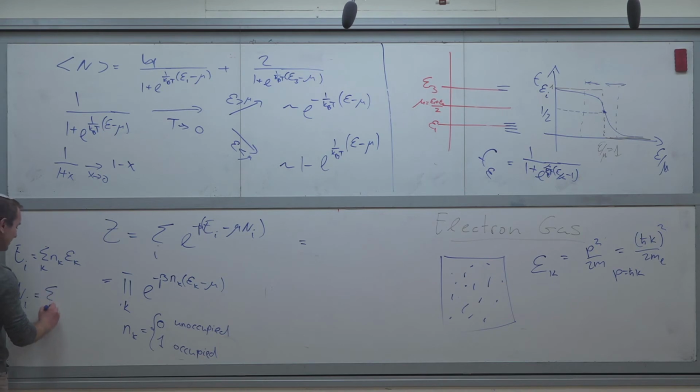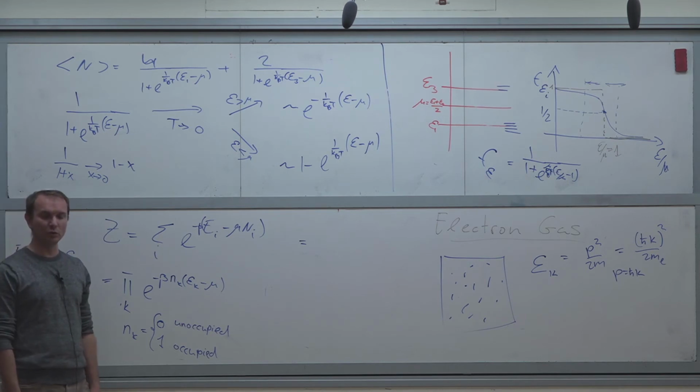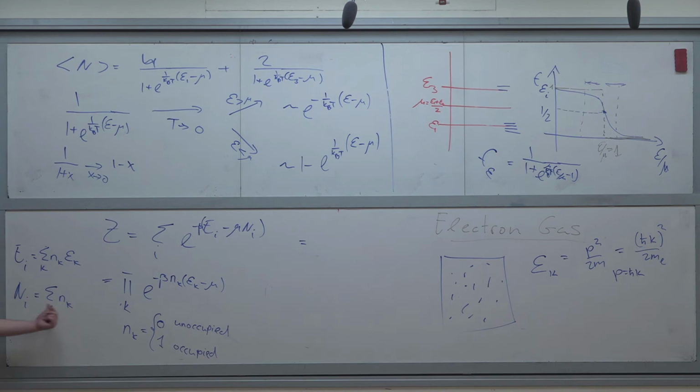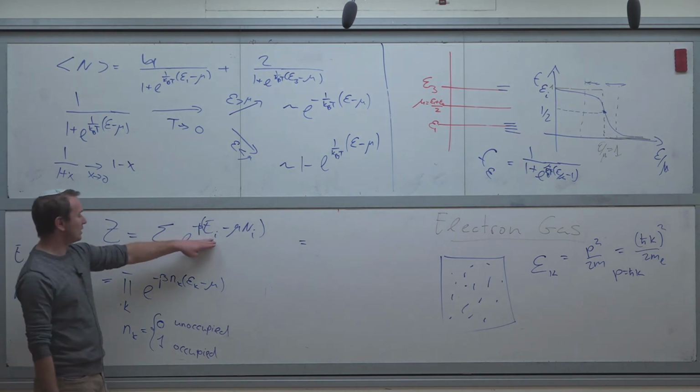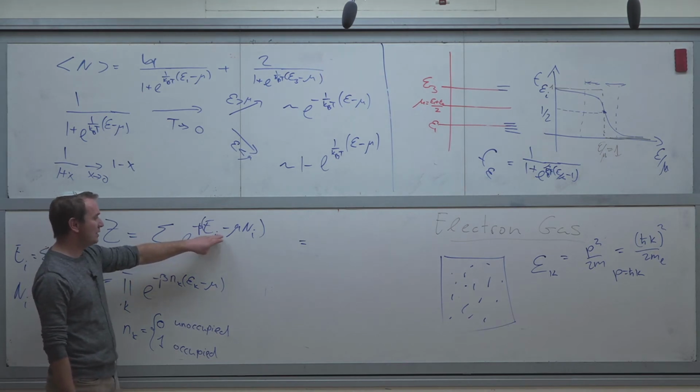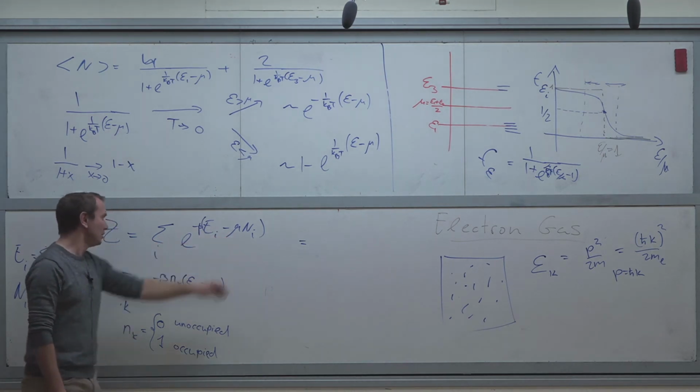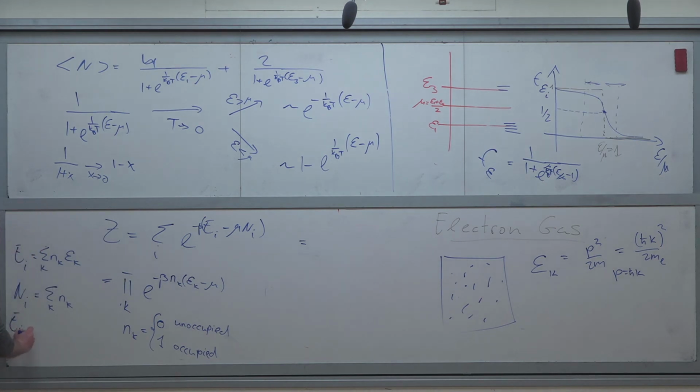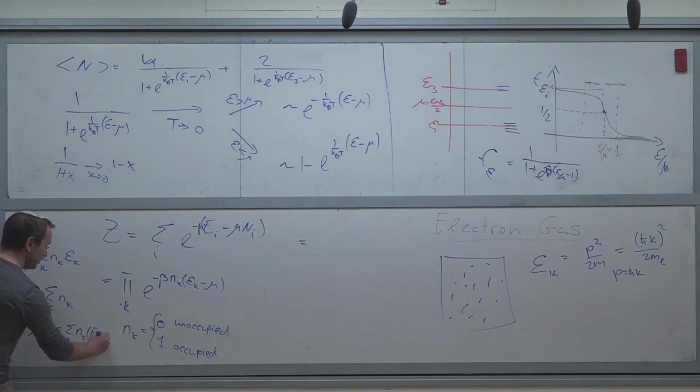It's again a sum of n_k. If a state is occupied, there is one particle. If the state is non-occupied, there is no contribution of this state to the total number of particles. Now, we can write this as a sum and this as a sum. And instead of epsilon_i minus mu n_i, we can say that this is a sum over all different k's of n_k multiplied by (epsilon_k minus mu).